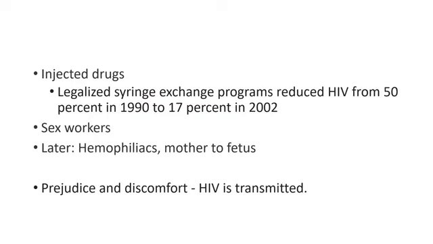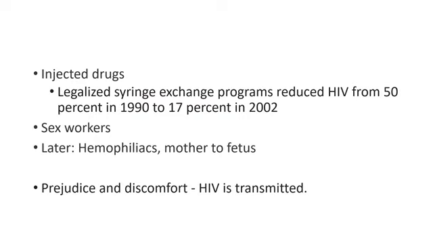If you have a used syringe, you can turn it in and you can get another one or several more. This type of program has reduced HIV from 50% of drug users in 1990 to 17% in 2002. There's still a ways to go with this. A lot of states are not in favor of this. They think it promotes drug use, but in fact it doesn't. But it does help prevent AIDS and HIV.